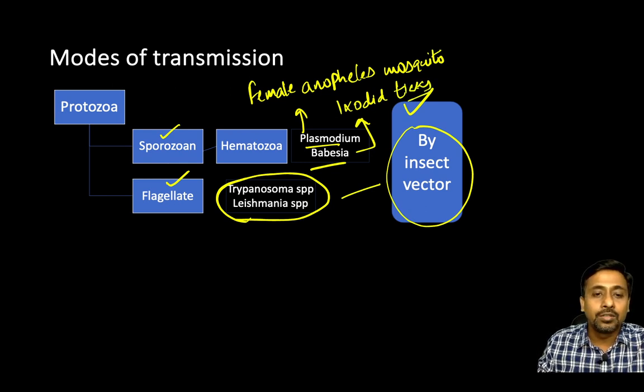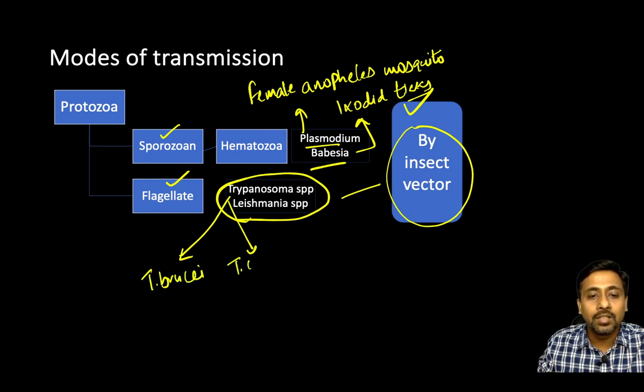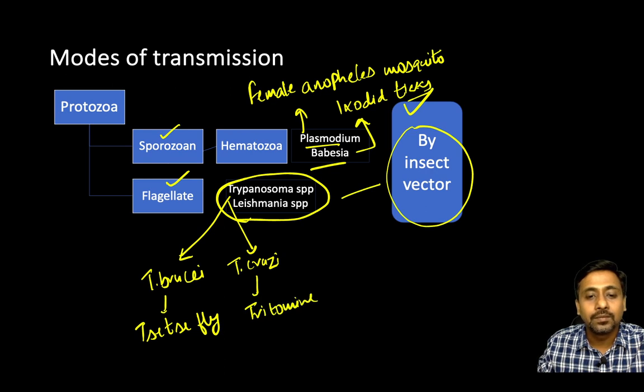And in case of Trypanosoma, there are two different species. One is Trypanosoma brucei and one is Trypanosoma cruzi. So for Trypanosoma brucei, the insect vector is, yes, the tsetse fly, and the scientific name is Glossina. For cruzi it is the triatomine bug, also known as the reduviid bug.